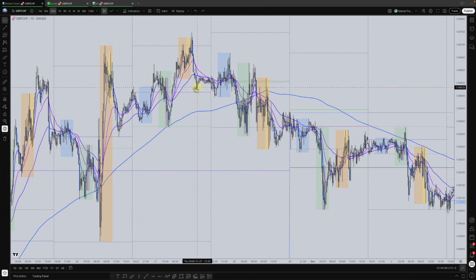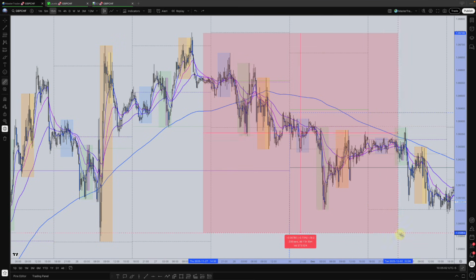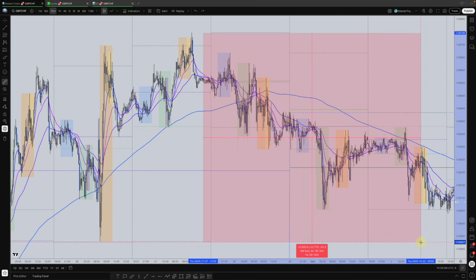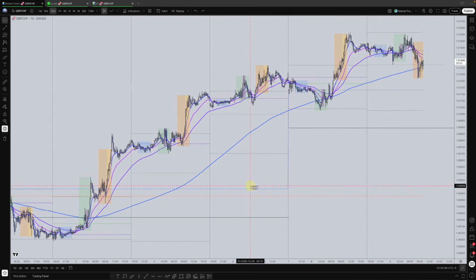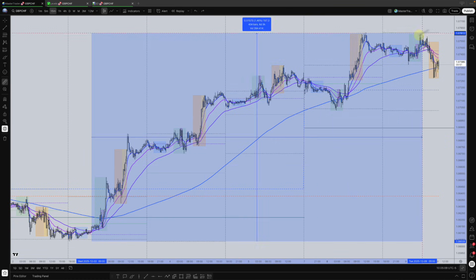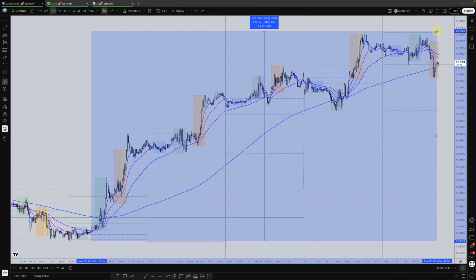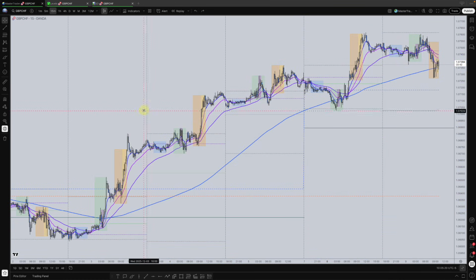Because the scale will also get crunched, right? If you have a not trendy time like this, then your charts are gonna look like this. And this is an 80 pip range. And then if you have a trendy time, your charts are gonna look completely different. Now this is a 160 pip range. And that's a totally different look and feel to the chart. And another thing that you have to think about is the scale here on the right, auto scaling.